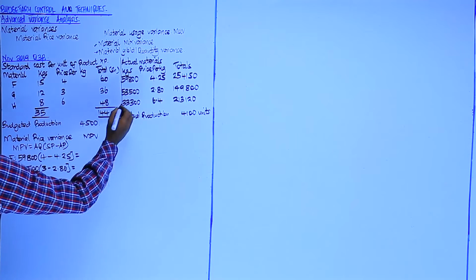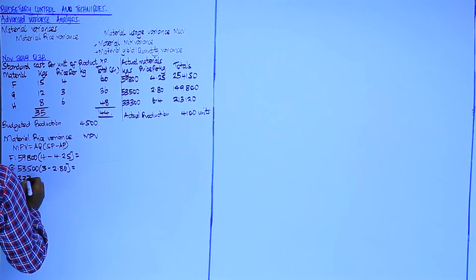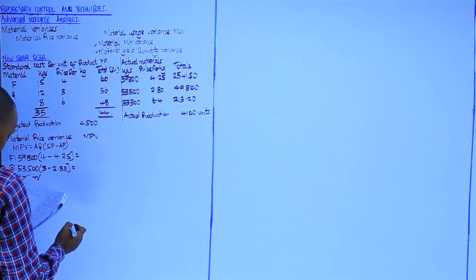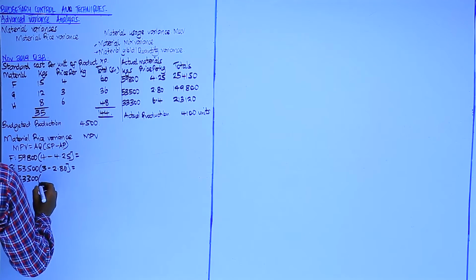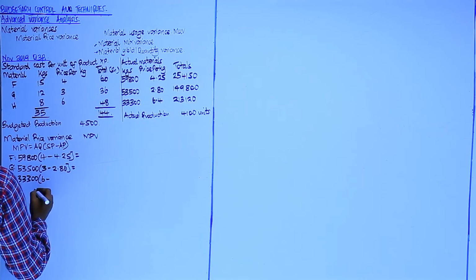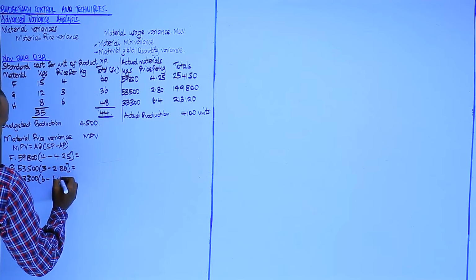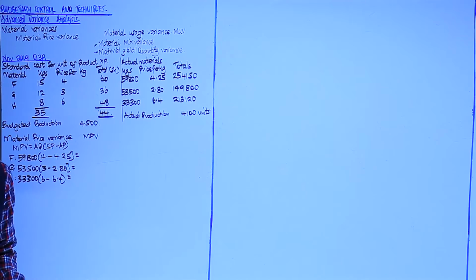For H, actual quantity 33,300, standard price per kg is 6, actual price is 6.4. So let's get these variances.